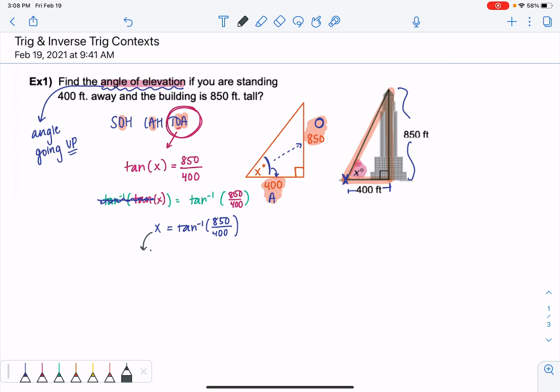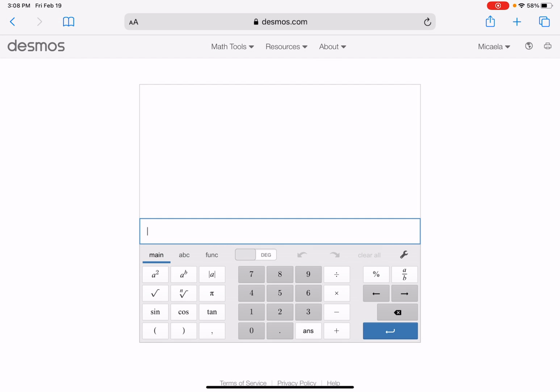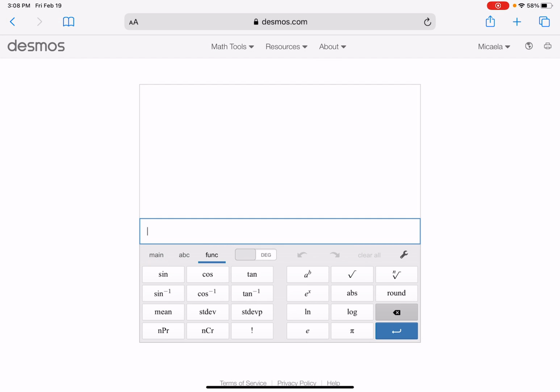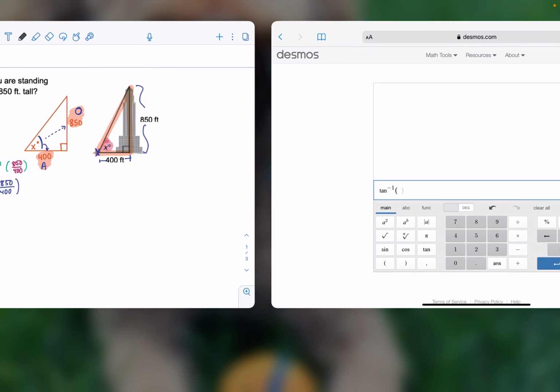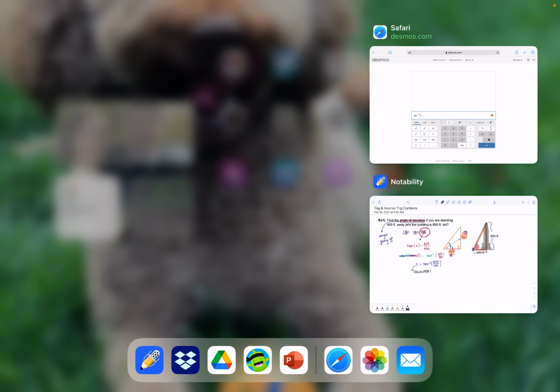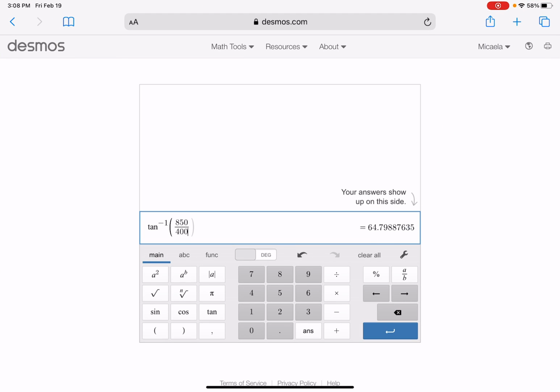Here, our variable is alone, so we're going to use our calculator. So we'll go to Desmos, and we click on the function button to get inverse tangent. We go back to main, and we had 850 divided by 400.